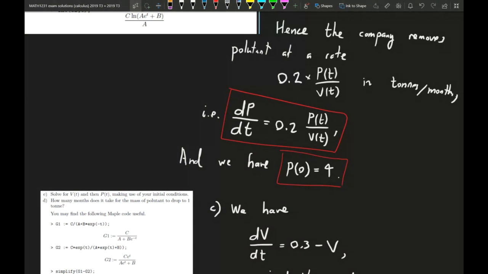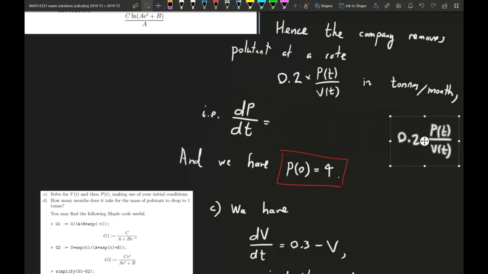Can anyone spot the mistake? Yeah, it's being removed. It was the inflow of pollution minus the outflow of pollution. This term is the outflow of pollution. So I ignored Jonathan's advice to write down inflow minus outflow, and it did cost me here. Luckily, I knew this should be negative, so I did spot it.